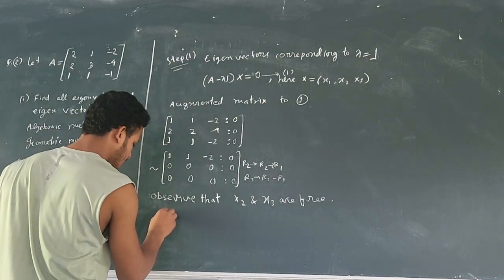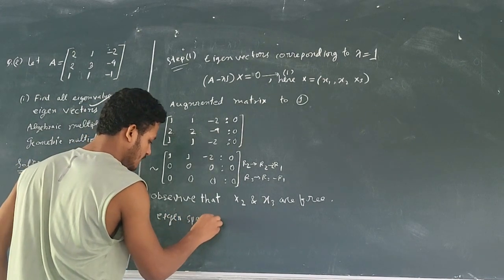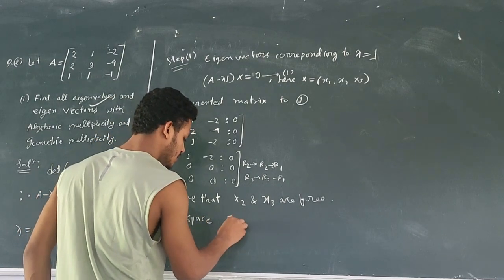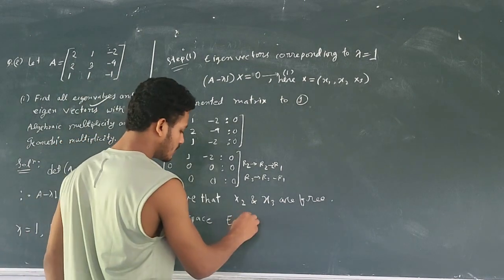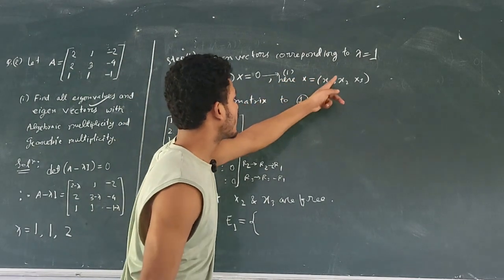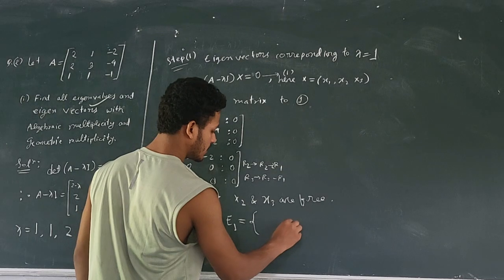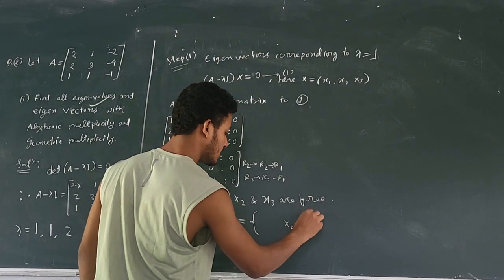So the eigenspace E corresponding to lambda is equal to 1, the eigenspace will be capital E1. This will contain the vectors x1, x2, x3. Since x2 is free, right here x2, x3 is also free, right here x3, bracket.